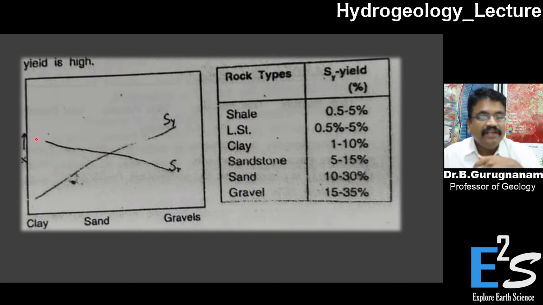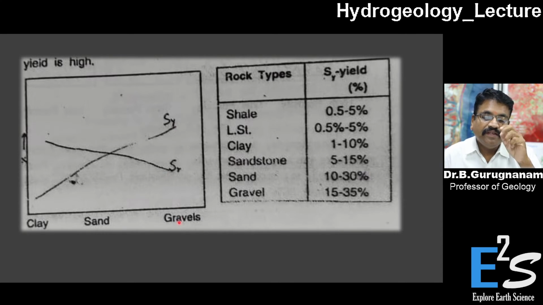In clay, the water is not leaving; it stays in the clay formation. That's why normally we use shale or clay for agricultural practice, because it holds water for a very long time. Where the yield is less, the retention will be high. Where the retention is low, the yield will be high.